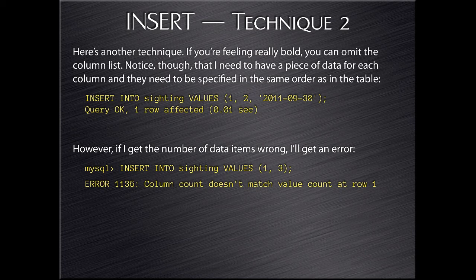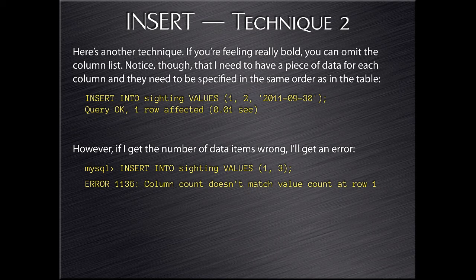So I am not double checking or confirming that there is a pairwise match between columns. I'm just assuming implicitly that the values that I have will be correct and in the correct order. And that seems to be fine. But you can see down at the bottom here that if I get the number of data items wrong, I get an error, and I get a familiar error.